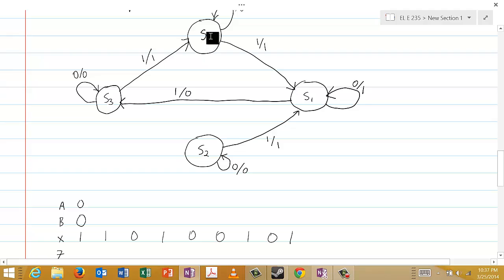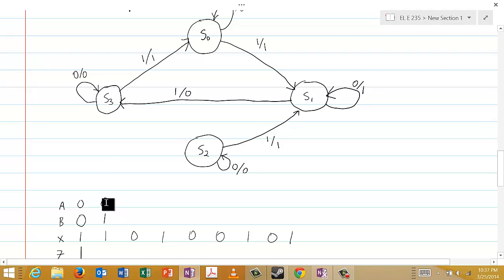So if we're in the S0 state and our input is 1, then the output will be 1, and we'll go to S1. Now S1 is 0, 1, so we can say 0, 1, and the output here will be 1.